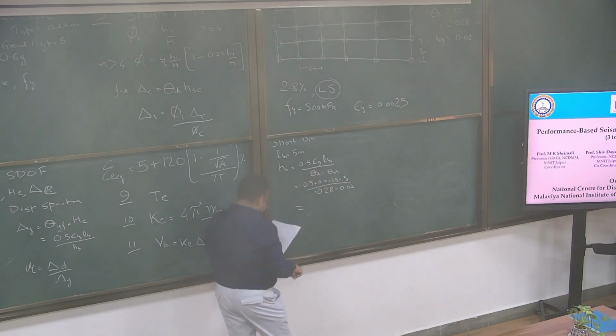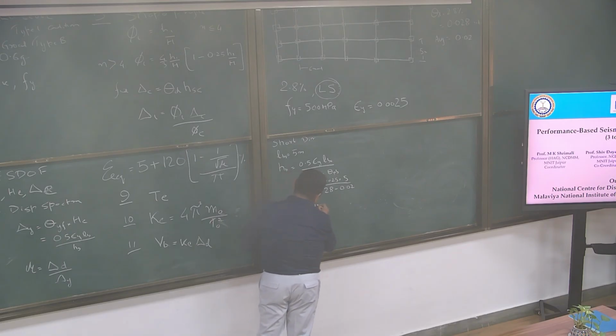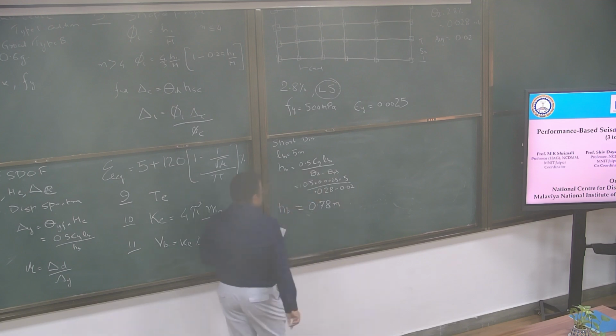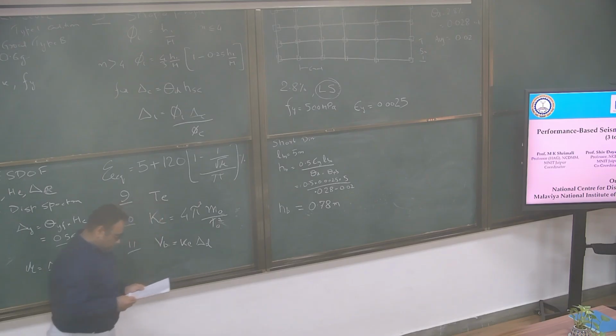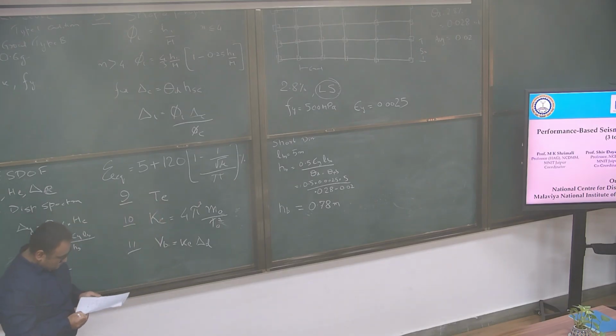And if you whip up your calculators, this would come out to be 0.78 meters. That is the height of the beam that is needed for the length of the beam that is given.